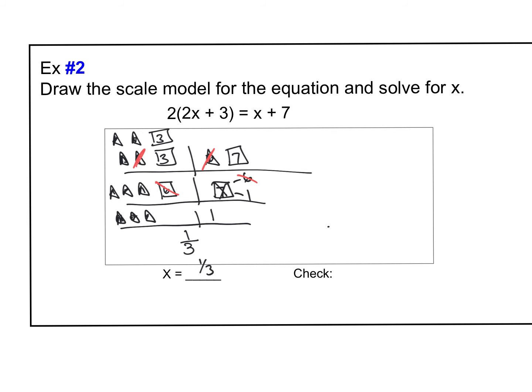So just to practice, you can see this becomes 2 times the quantity of 2 times 1/3, plus 3, is equal to 1/3 plus 7.